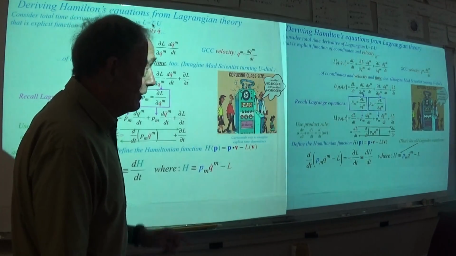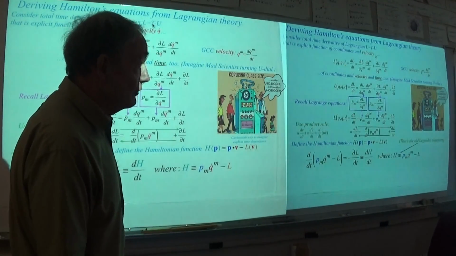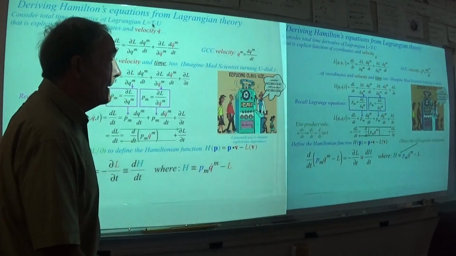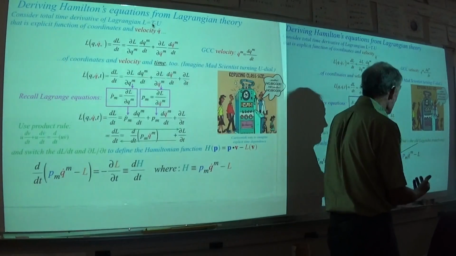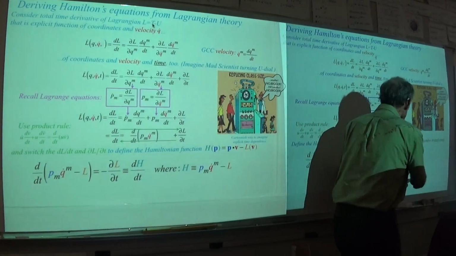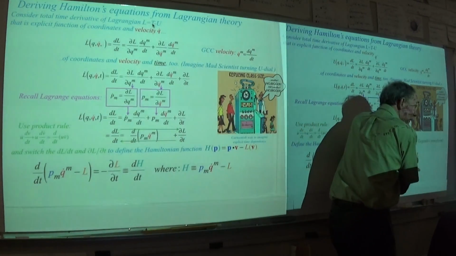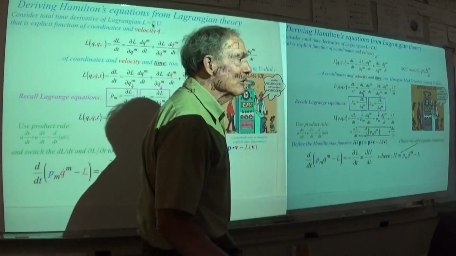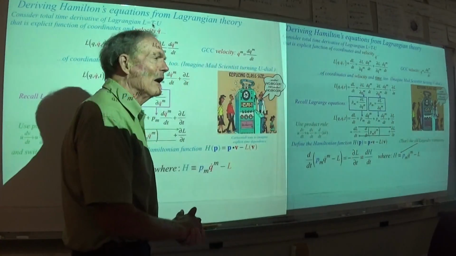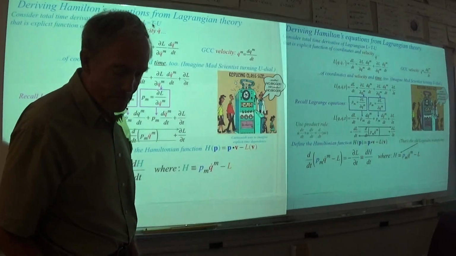So there it is. That's the Legendre transformation. And of course, it could go either way. I can get the Hamiltonian from the Lagrangian by doing that, or I can get the Lagrangian from the Hamiltonian by switching those two, right? So this is a transformation very obviously going both ways easily. Okay?